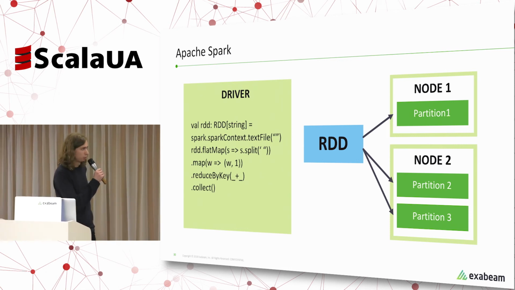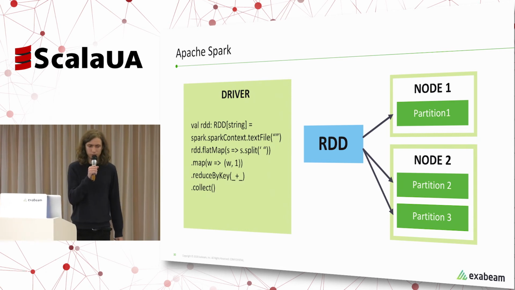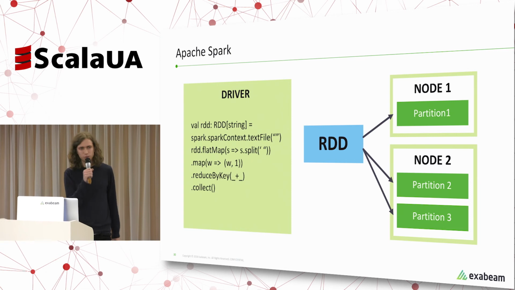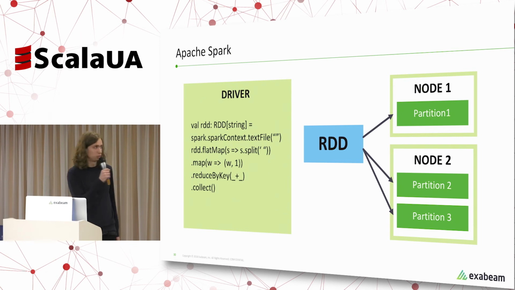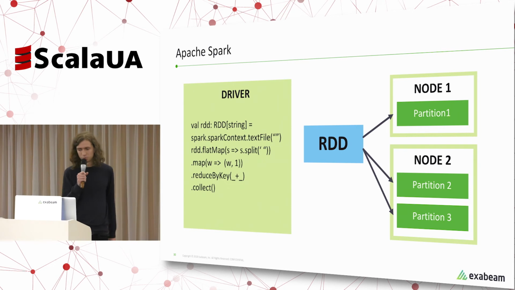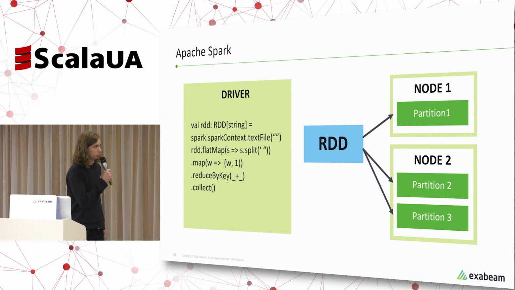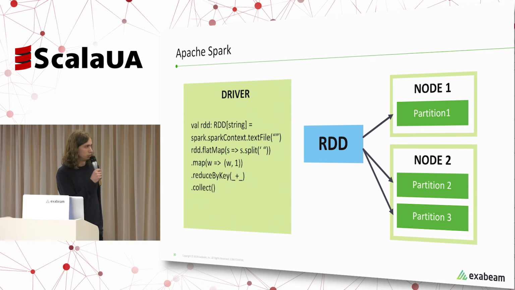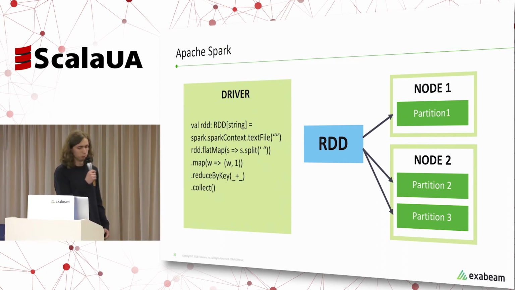Keeping in mind that some of our clients have tens of thousands of users, we want to run this algorithm in parallel. Here is a quick introduction to Apache Spark. The basic abstraction of Spark is a resilient distributed dataset, or simply RDD, which is a distributed collection of objects.